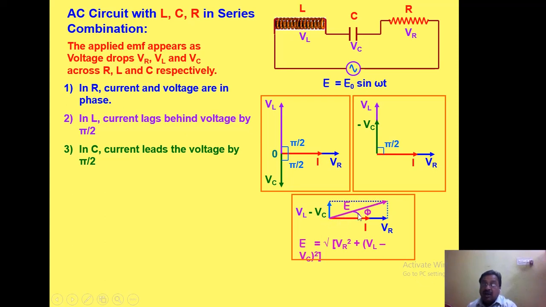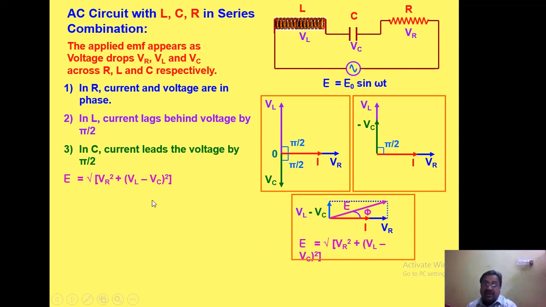The resultant is the diagonal, and that resultant EMF is E. Applying Pythagoras theorem, E will be equal to square root of VR square plus VL minus VC whole square. Here you see the resultant EMF depends upon the individual voltage drops across resistance, inductance and capacitance.